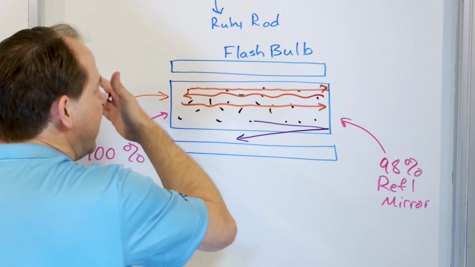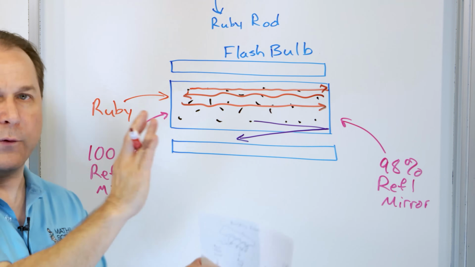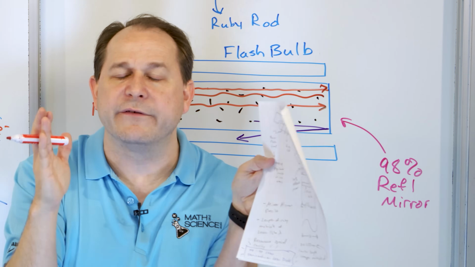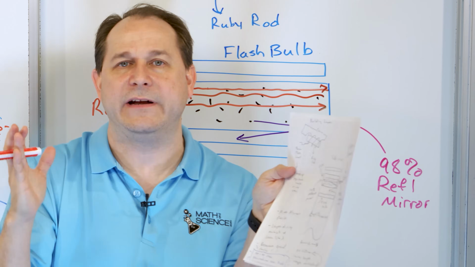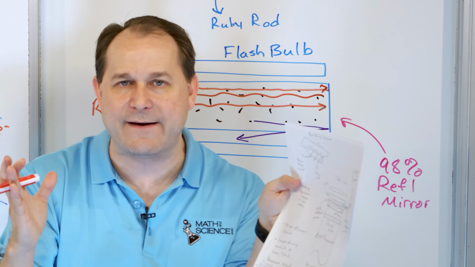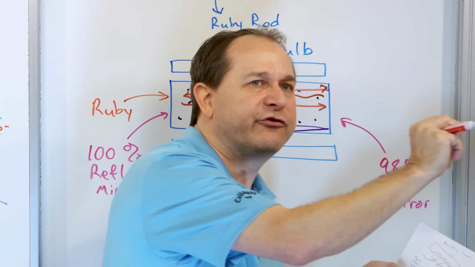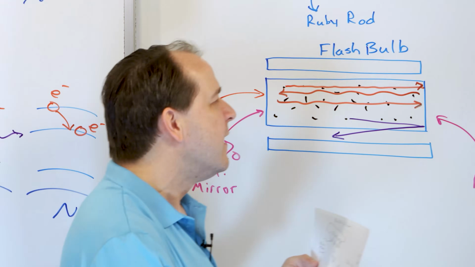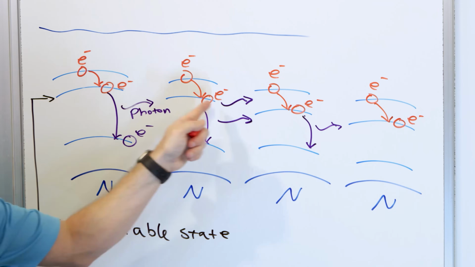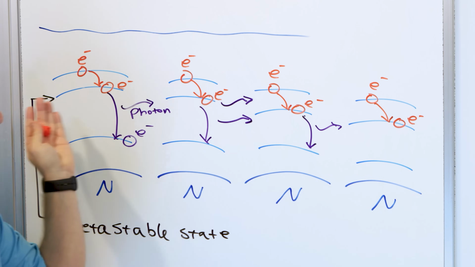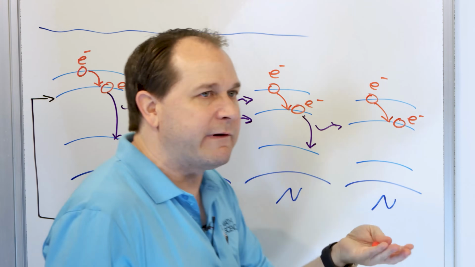So what you have is a bunch of bouncing back and forth between the ends of these mirrors. This is called an optical cavity, a resonant optical cavity. It's the amplification that's going on because every time the photons travel through all of those atoms with the electrons pumped up into the higher state, they're triggering them to all fall down, generating more photons.